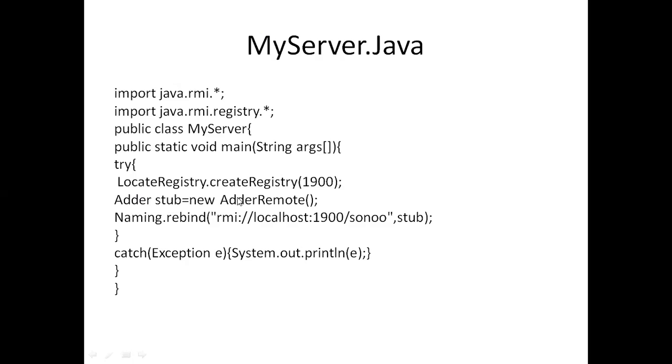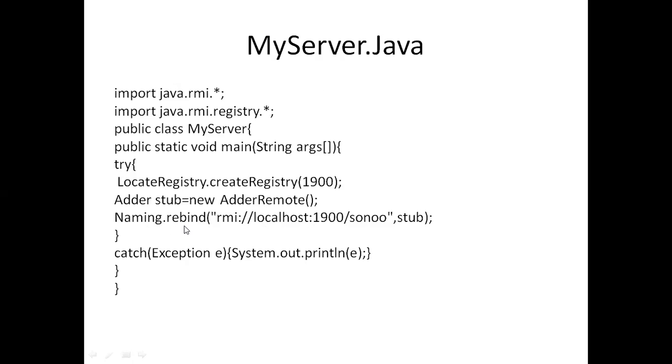Next, I have created this Adder interface, and I have put that in AdderRemote. Now I have to bind my service in the registry, isn't it? Whatever services the server is providing, all those should be bound with the registry.